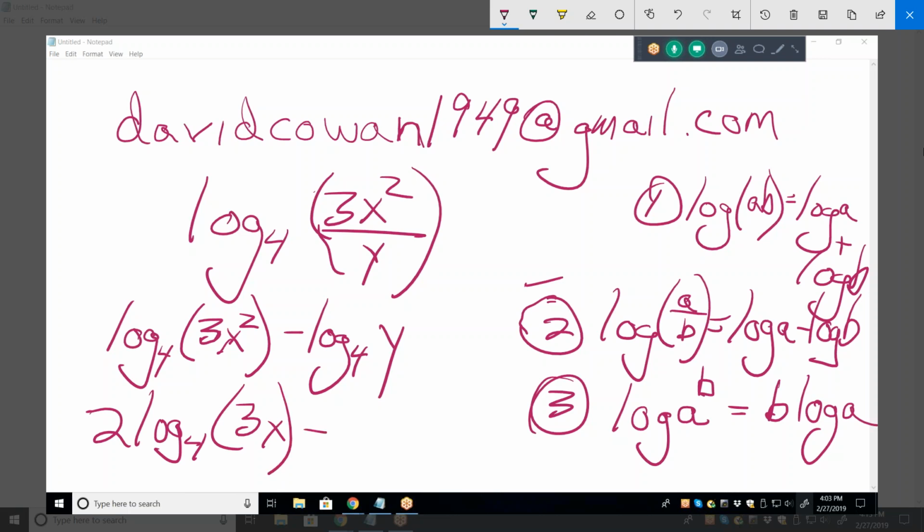Hold on. I got to think about that for a moment. Be tempted to say that was the final answer. What's bothering me is this square does not apply to that 3. In other words, that's 3x squared as opposed to the quantity 3x squared.